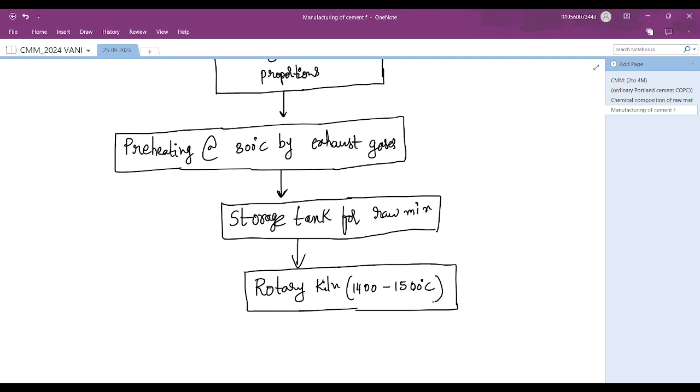Even the cost of fuel is less because less temperature is required. As fuel we add either coal, oil, or natural gas.